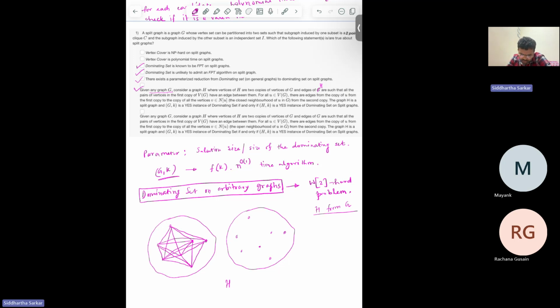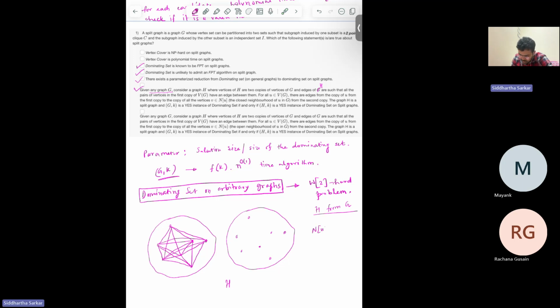And what are the other edges? For all vertices U in the original graph G, there are edges from the copy of U in the first copy to the copy of all vertices in the closed neighborhood of U. So what is the closed neighborhood of U?